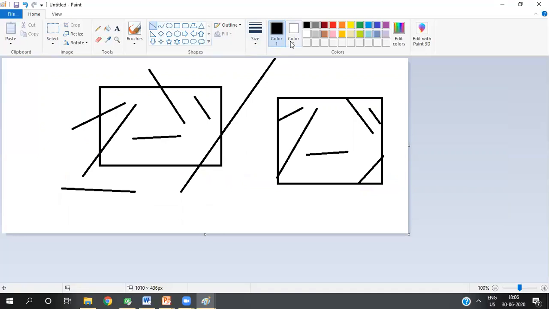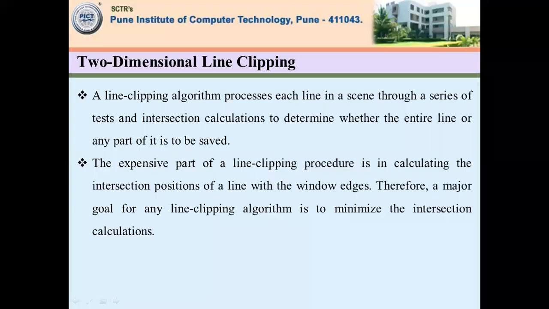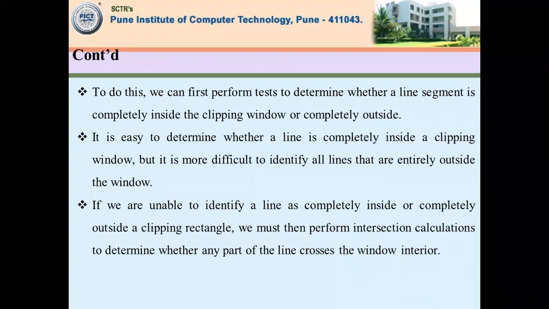I can show you with another color. These are the intersection points. You are going to calculate these intersection points, and it's an expensive part, so you need to minimize the intersection calculations.